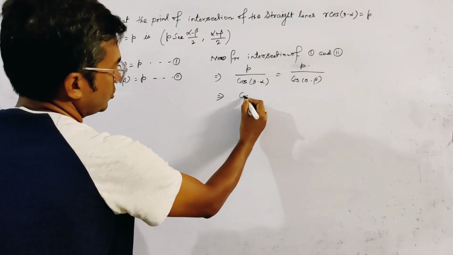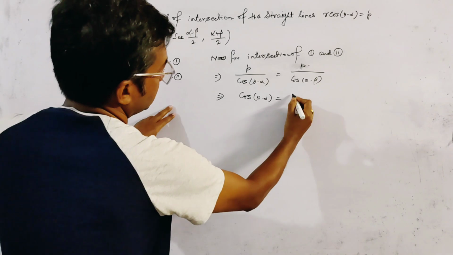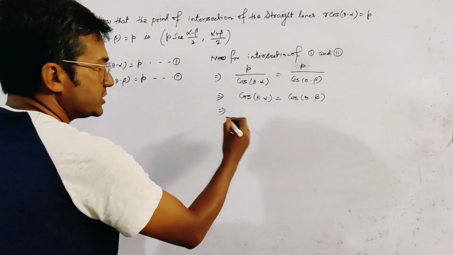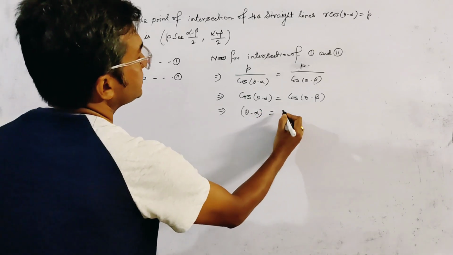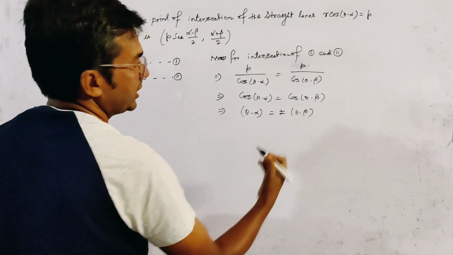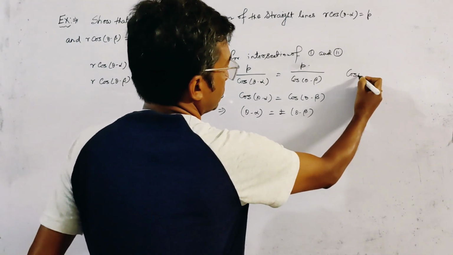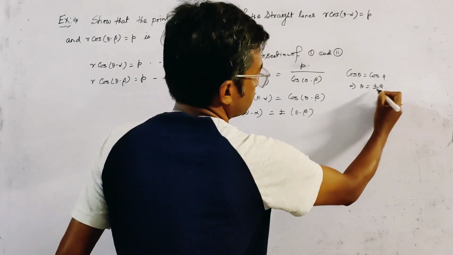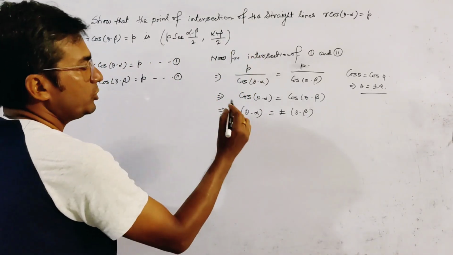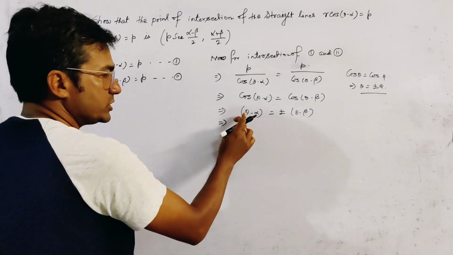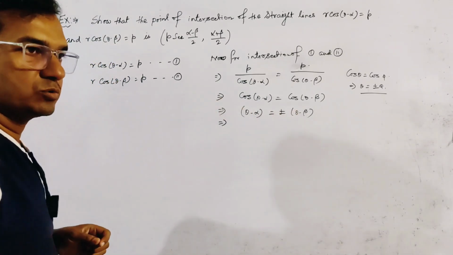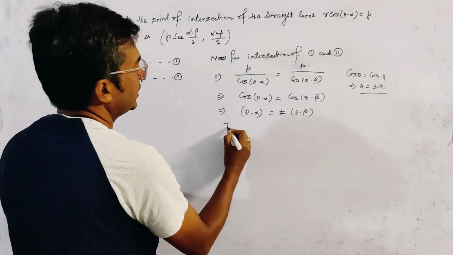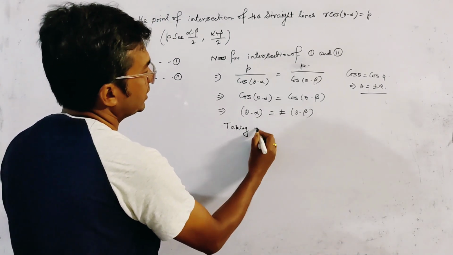This gives cos(θ − α) = cos(θ − β), and from this relation θ − α = ±(θ − β), because we know that cos θ = cos φ implies θ = ±φ. If we take the plus sign, then θ from both sides cancels out and we cannot find the value of θ, so we take the negative sign.